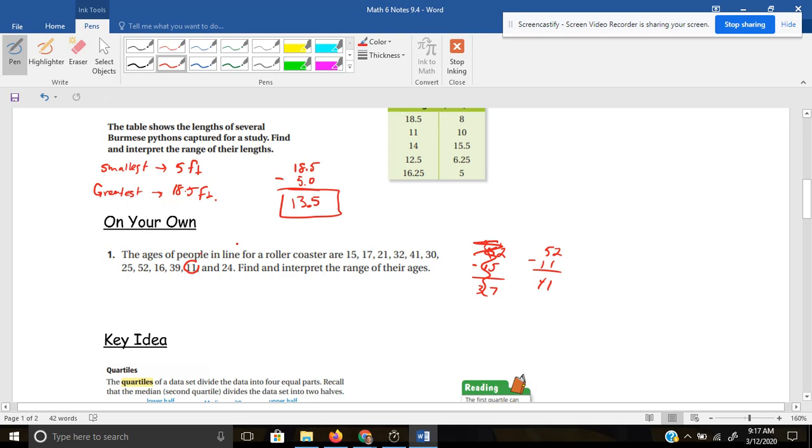And that's actually something that can happen if you don't order your numbers least to greatest, like I didn't there, and I was just kind of skipping ahead. Be careful that you just don't misread your numbers. So 52 minus 11, I get 41 for my range. So that means the ages of people in line vary no more than 41 years.